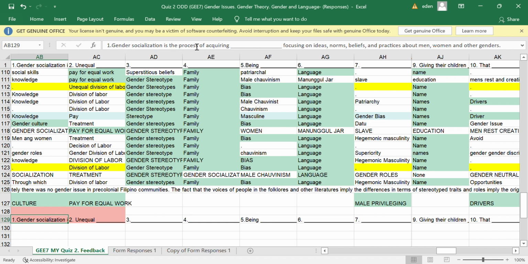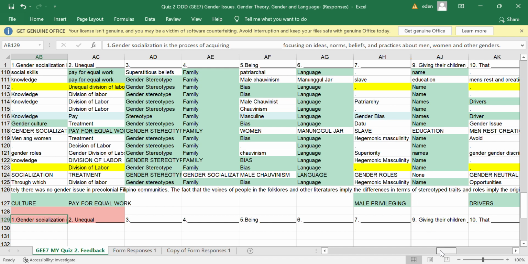So gender socialization is the process of acquiring blank, which focus on ideas, norms, and beliefs and practices, etc. The correct answer is culture, diba? Those that are named here are non-material culture. But that is what happens when gender socialization ensues. The members of society acquire or learn those ideas and practices that tend to differentiate men from women.